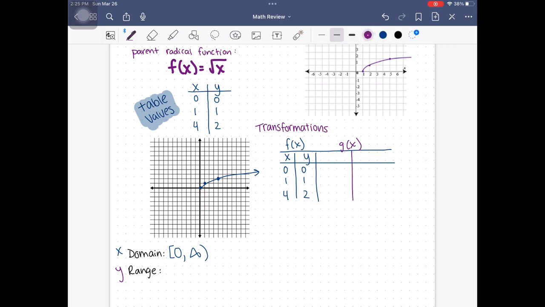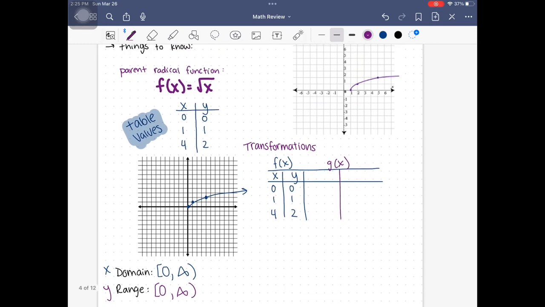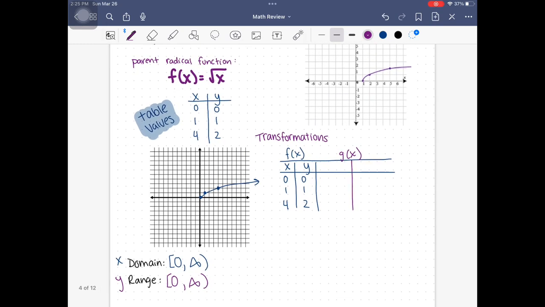So I'm going to go over here, and it includes 0. Okay? Now look, my y values are going to go up forever. So therefore, this is also going to infinity. So that would be my domain and my range for my original function. Okay, and that is in interval notation. If it asks for interval notation, please put it in interval notation, okay? I don't want you to not read it and get a question wrong just because you didn't read the question, okay?